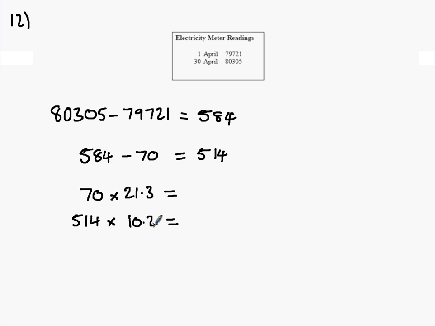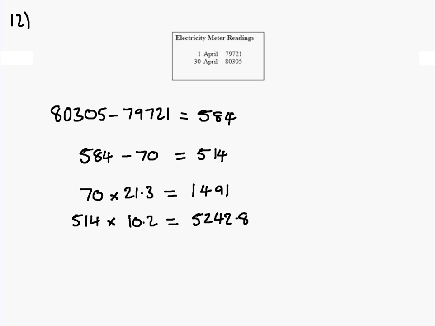So 70 times 21.3 gives you 1,491 pence, and then we've got 514 units times 10.2p, which gives you 5,242p, 0.8.